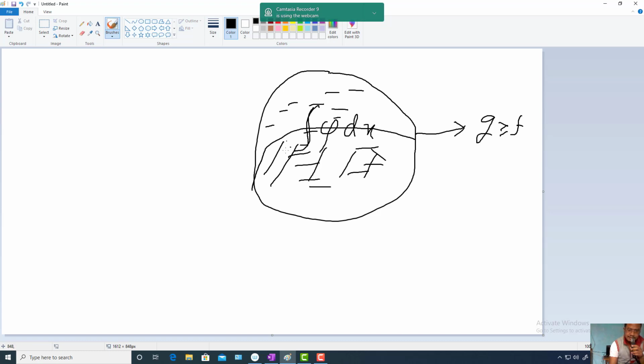So it is a member of the whole domain. If you take the supremum of this small domain, obviously that will be less than or equal to the supremum of the bigger domain containing the smaller domain.